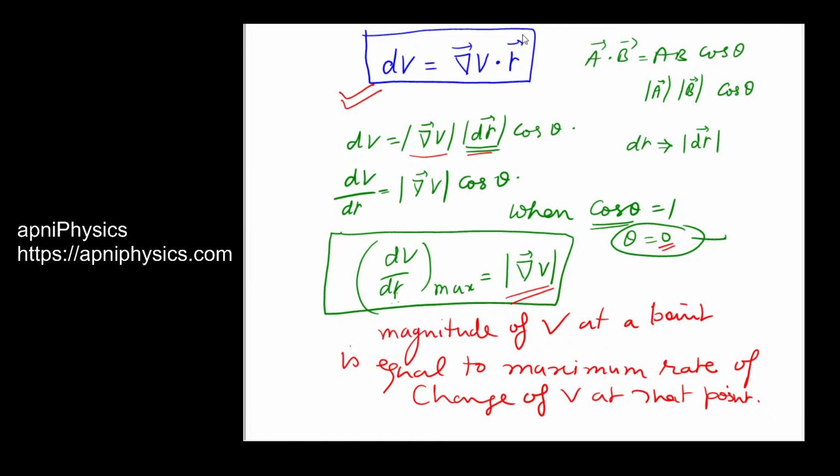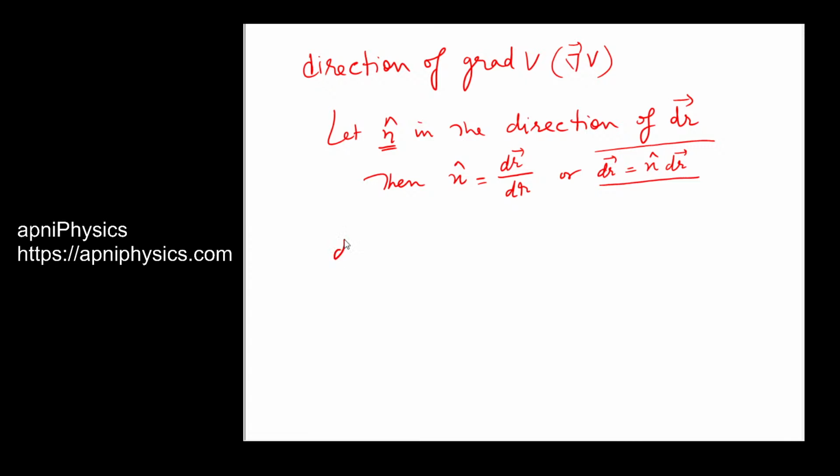So instead of this vector r, it should be changed into the potential, that will be dr. So now we take this equation, and this dV, the change in the potential from point P to point Q, will be equal to the del operator V dot this vector dr.